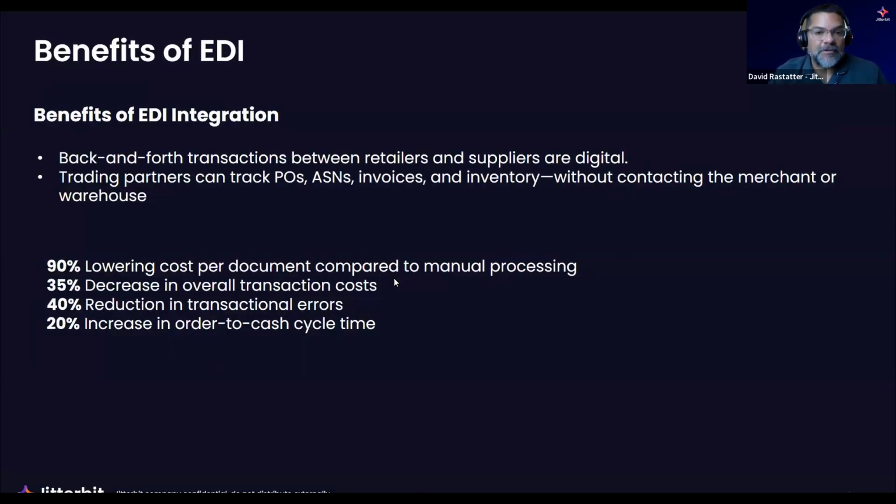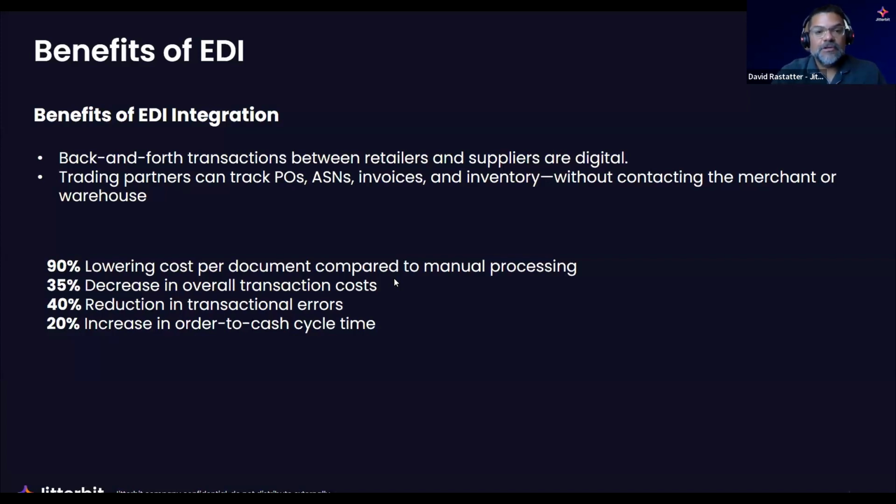So I went over some of the benefits of EDI. Now, EDI integration, that's another level to what we're talking about today. That's when you can use integration technology and automate the data between the EDI document and your backend systems. That could be your ERP, your CRM, or any other back office system, accounting software, et cetera.